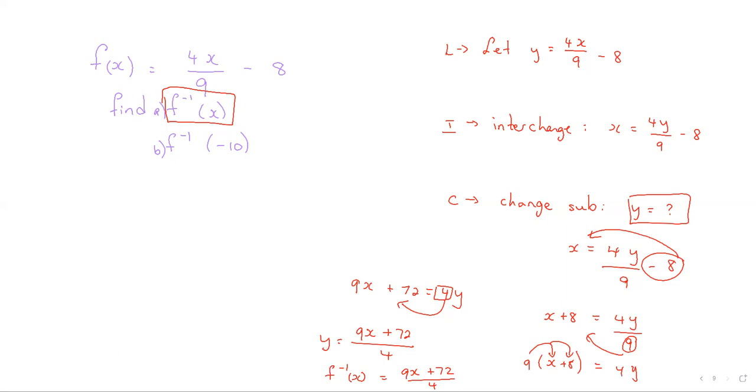Right, so recapping that, in order to find the inverse, we first let y equal the function. Interchange your x and your y. So where you have y, you'll put x. Wherever you have x, you put y. Then solve for y basically, or make y the subject. So I'll carry across the 8 first, it was minusing on this side.